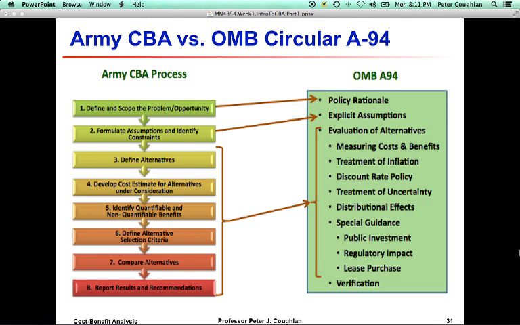You can see where these steps again match up with the steps of the Army CBA process. The policy rationale is very similar to defining and scoping the problem or opportunity. Each talks about the assumptions, each talks about how you actually evaluate the alternatives, right? So again, there's a parallel. We could be doing this discussion by going through the OMB process, and we would essentially say the same things.